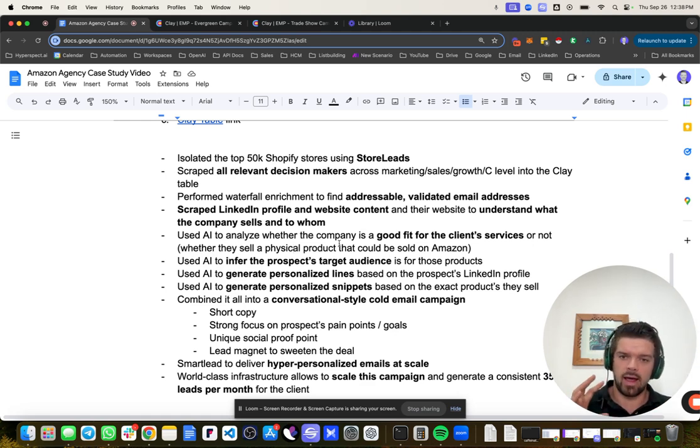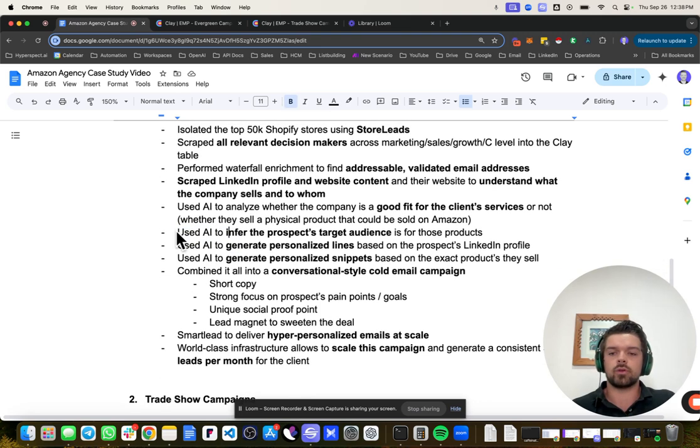So we wanted to add this extra layer of refinement and targeting to make sure that the people we're reaching out to are the right people, who are most well positioned to respond positively to the client's offer of their marketing services. Just a very clever use of AI that was not possible 6 to 12 months ago, but we're able to narrow in on that ideal customer profile and make it so that everyone we're reaching out to is a pre-qualified good fit for the service.